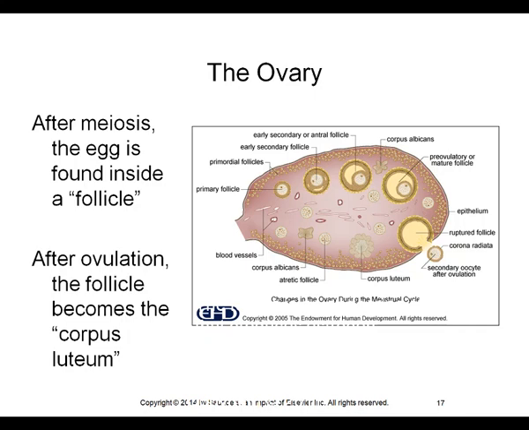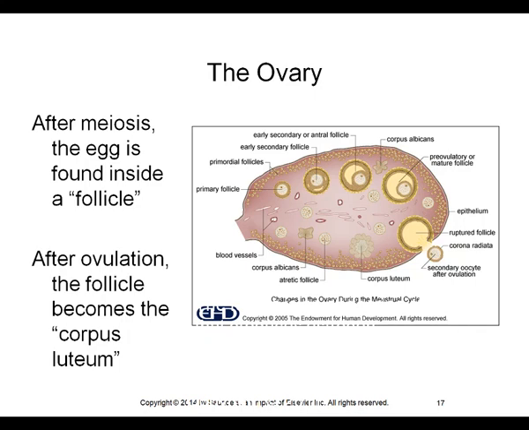And then you do have to know the term follicle. So after meiosis, the egg is found inside something called a follicle. So then the follicle develops some more. It gets bigger, right? And then when you reach the right side of the ovary in this diagram, the bottom right, notice that the egg then is released into the fallopian tube, which is not pictured, but the egg is released by the follicle.